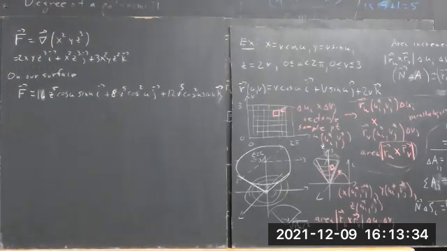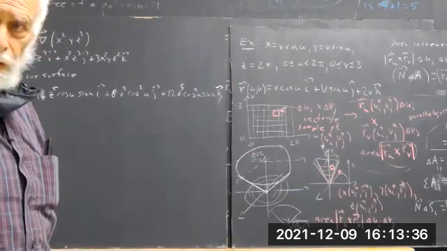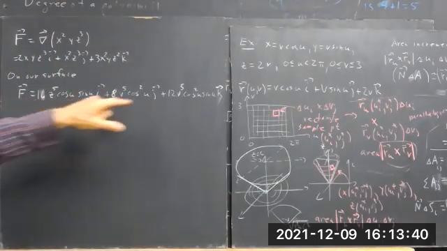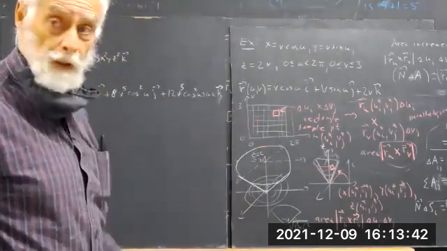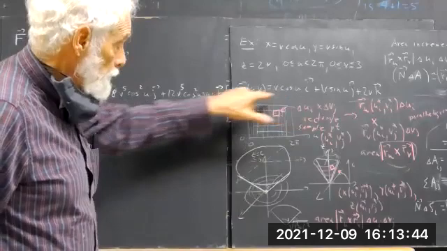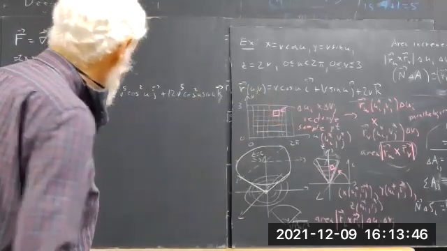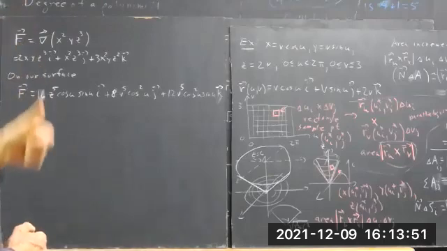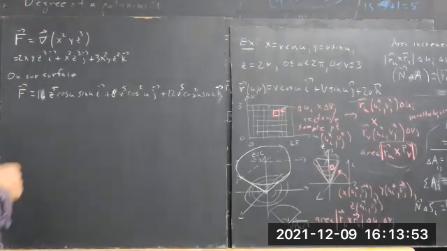Okay. Perfectly good function, not all that complicated. I mean, here it is in terms of x, y, and z. Here it is on our surface, parameterized in terms of u and v within this uv parameter space. Now we want to do the integral.